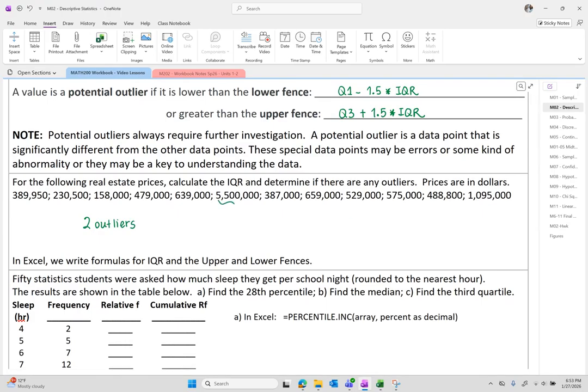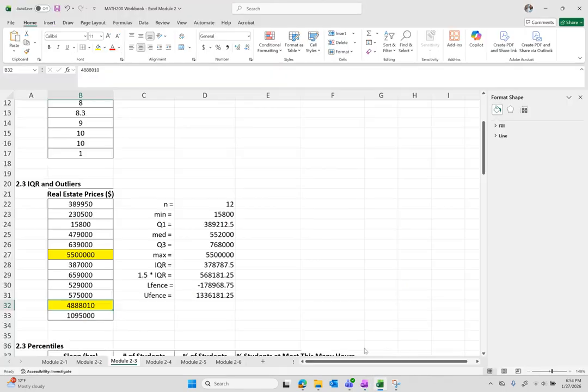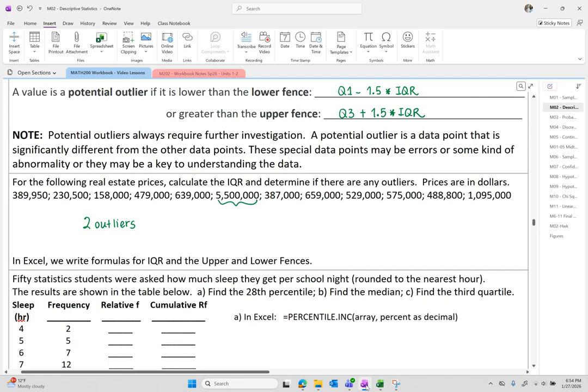The two outliers are this, 5.5 million, and it doesn't look here that I have another outlier. Therefore, let me check my Excel. This number was entered incorrectly. So I want to demonstrate here what happens when you have a data entry error.